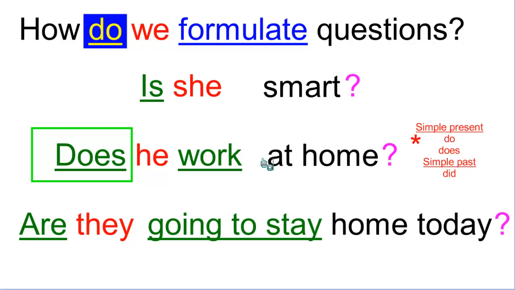Those are the three special cases. But in general, remember, you just move the first word of the verb to the beginning: is, are, etc. You only move one thing, and that's it. There is no more to that. The only special cases are the simple present and the simple past. In those cases, you have to use do, does, or did.